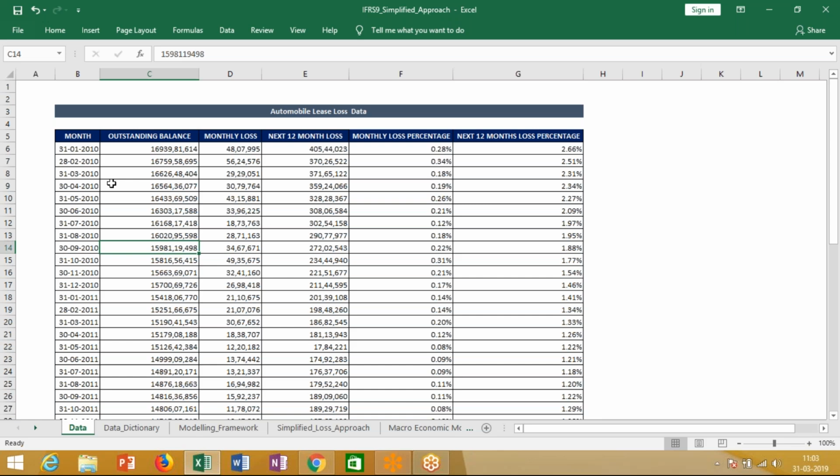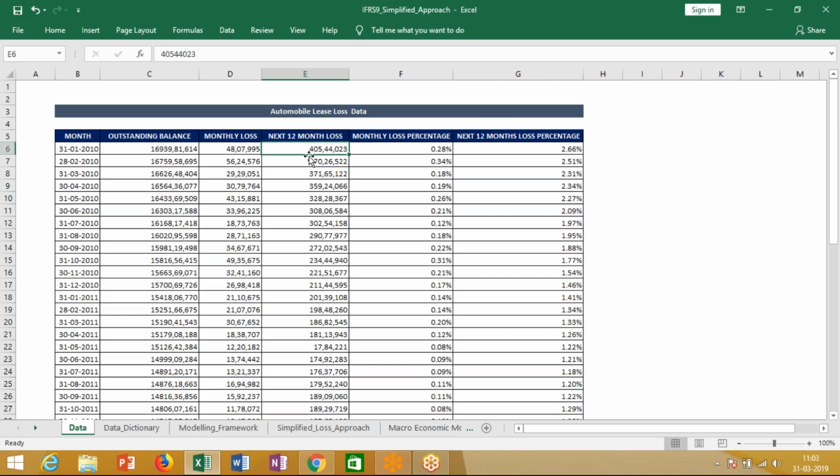If you have a look into this portfolio, it shows the respective outstanding that the portfolio has on a month-on-month basis, and the loss that they earn from here, right? From this figure, what is prepared is a next 12 months loss, which is captured by adding up these monthly loss figures for the next 12 months and reporting it at this date.